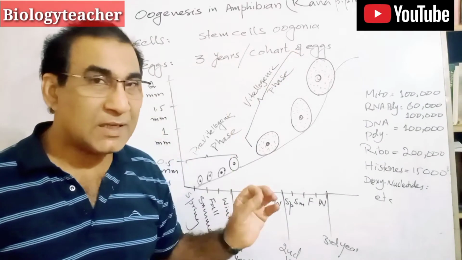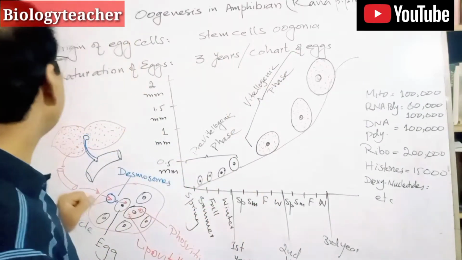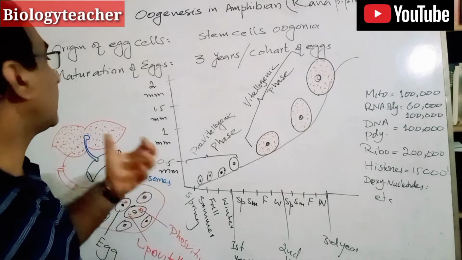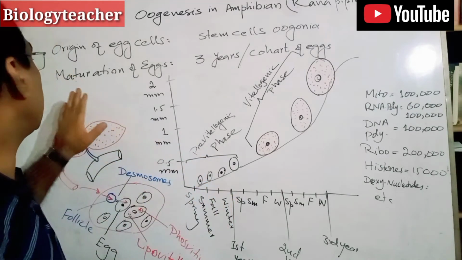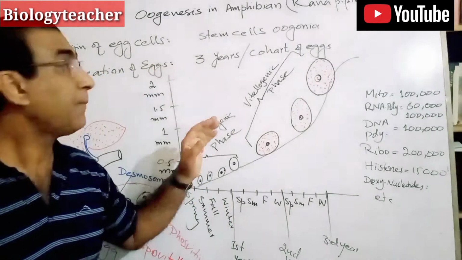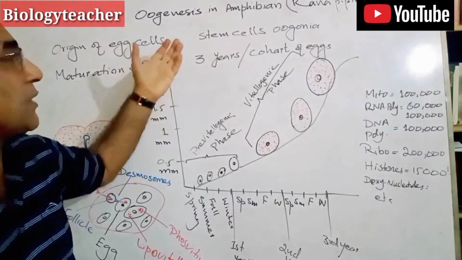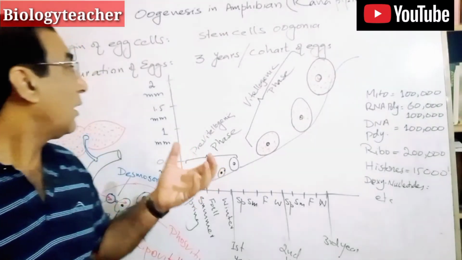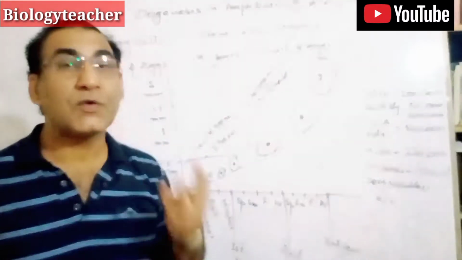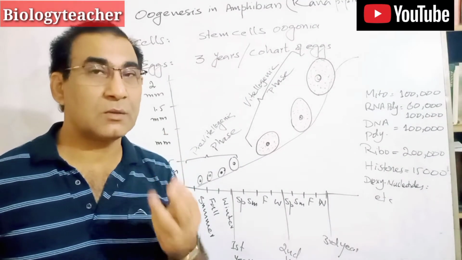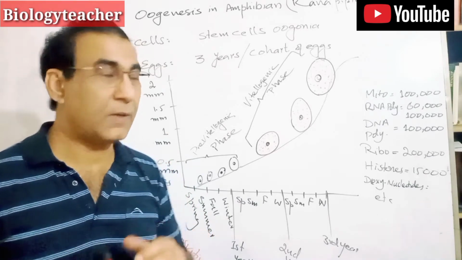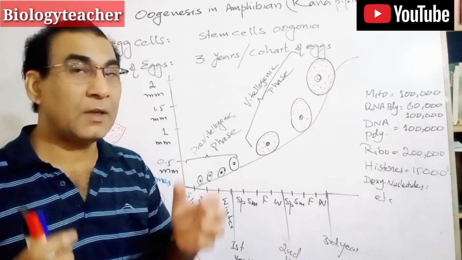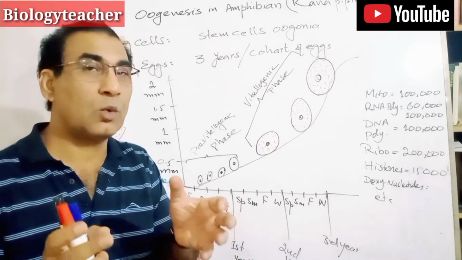Now, the second thing you have to understand is the maturation of the eggs. As the stem cells oogonia start maturing, they take 3 years to get mature in the ovary, and they develop in the form of groups or cohorts.